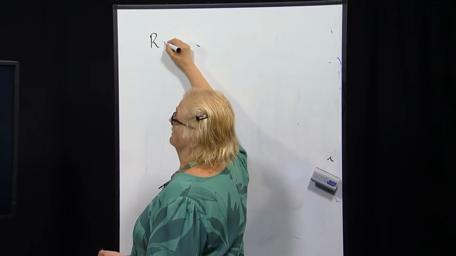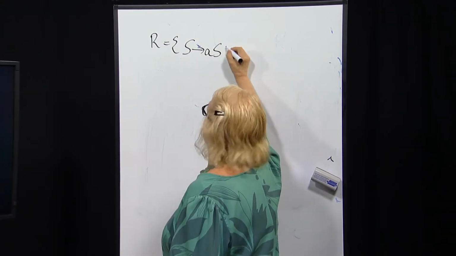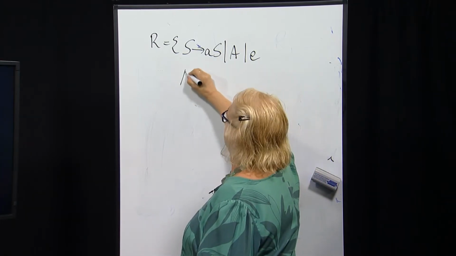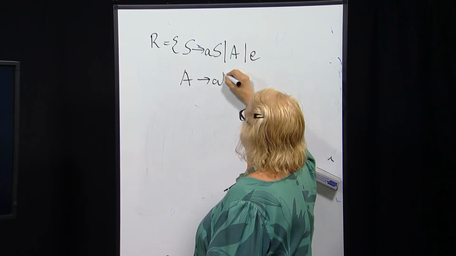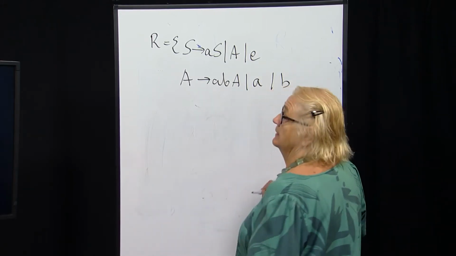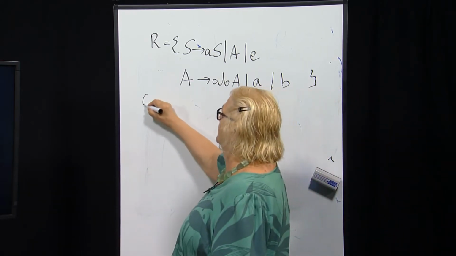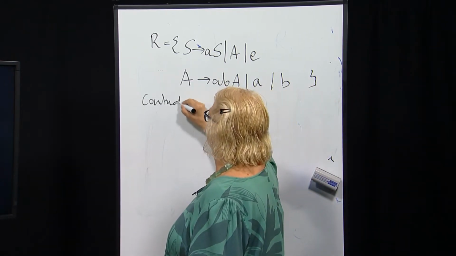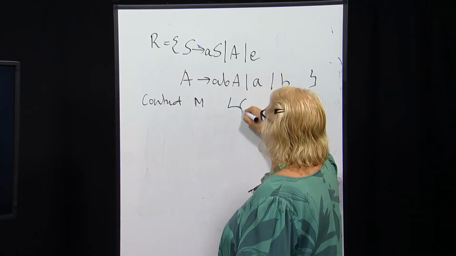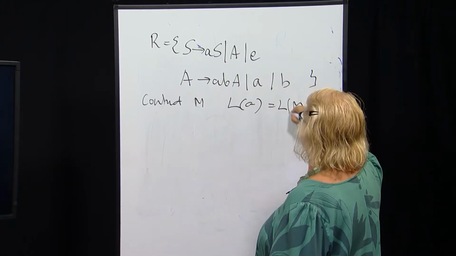You have a regular grammar, which is S to aS, S to A, and you have A to bA, for example, A to b. And I want to construct M, finite automata, such that the language is the language of M.